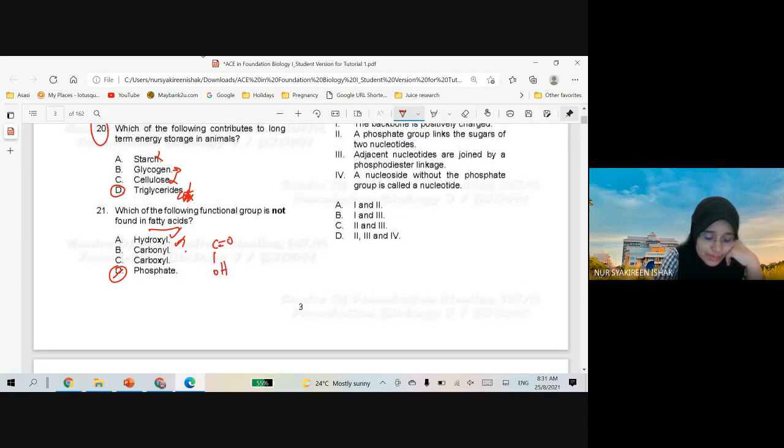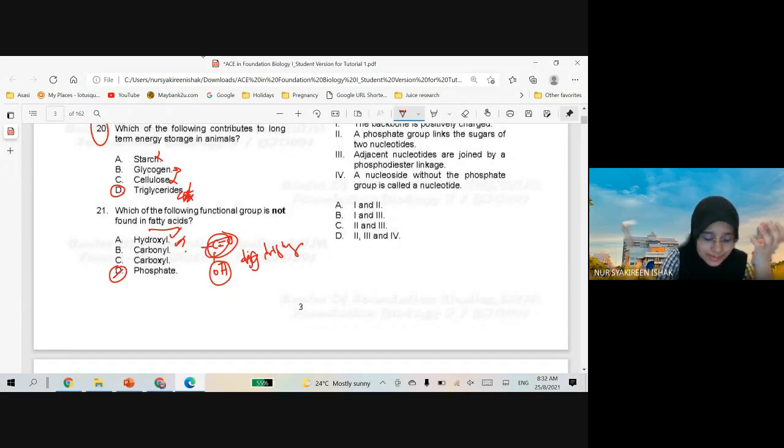So when the fatty acid is going to link to glycerol, then condensation reaction occurs, which removes OH to link to the glycerol. So then baru akan jadi triglyceride kan. So maybe dalam structure triglyceride, then you have the carbonyl.